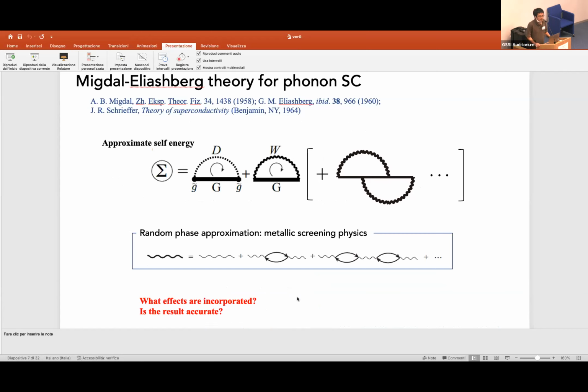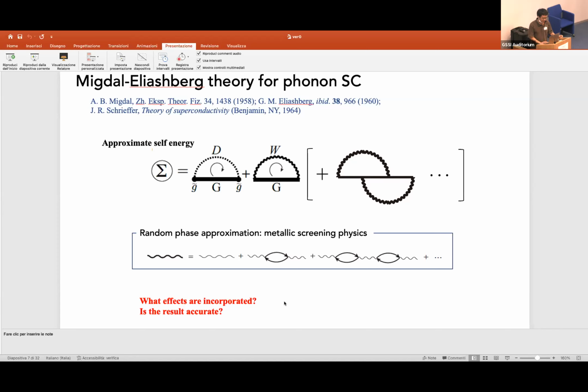Differently from the phonon-mediated self-energy, when we consider the calculation of the Coulomb self-energy part, there's a fundamental difficulty that there's no good expansion parameter for the higher order self-energy due to screened Coulomb interaction.